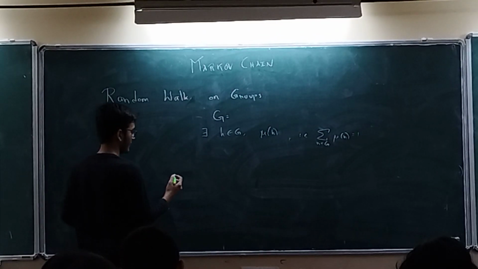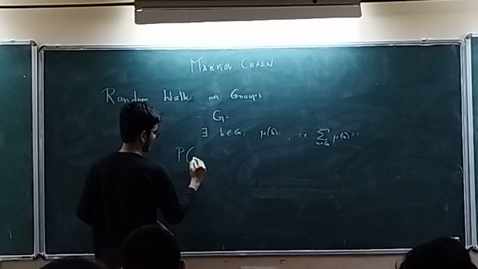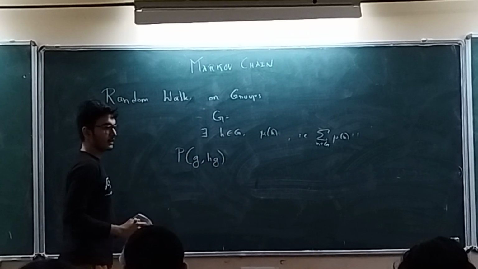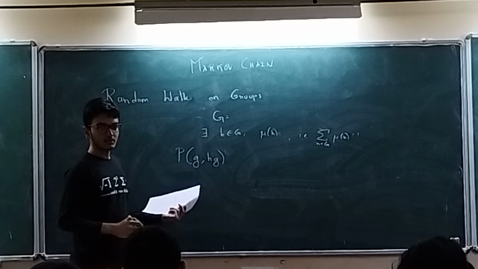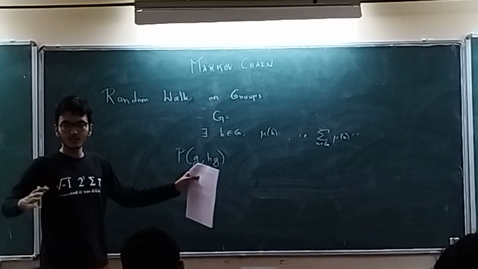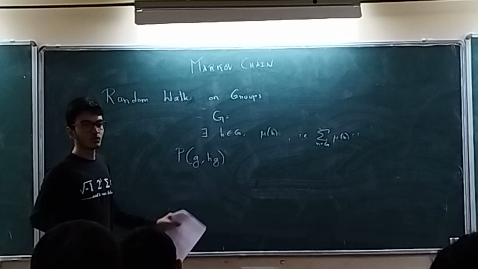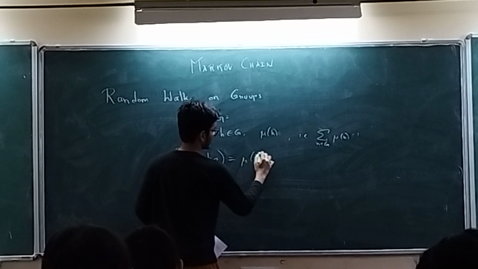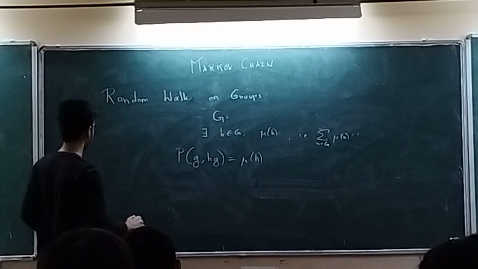Now I will define the transition matrix for a random walk on a group. As I mentioned during the break, the transition matrix determines the Markov chain. So once I know this, I know what the Markov chain is. So what is it basically doing?